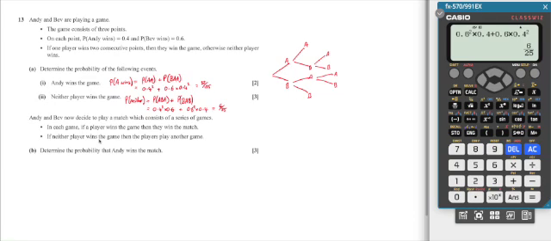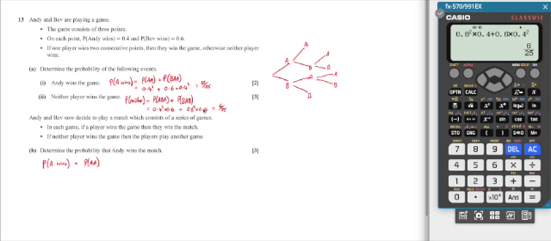So what could happen? Let's have a look. We could have the probability that Andy wins. Well, he could win the first time. So if he wins, that is the probability of Andy, which is your 0.4 squared, which is, let's just double check.